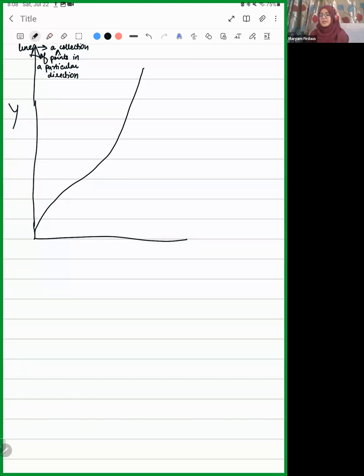Because a line doesn't have any defined length. It doesn't have any finite length. Arrow means that it can be extended. That is the meaning of arrow.